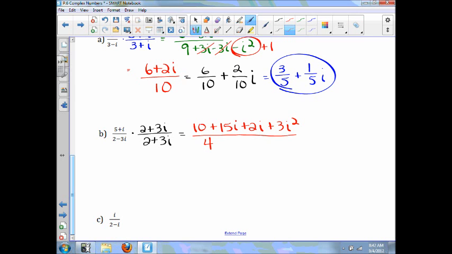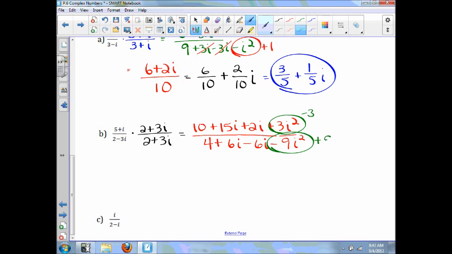Over 4 plus 6i minus 6i, sorry, not plus, minus 9i squared. Simplifying this, we should know that this is a negative 3.